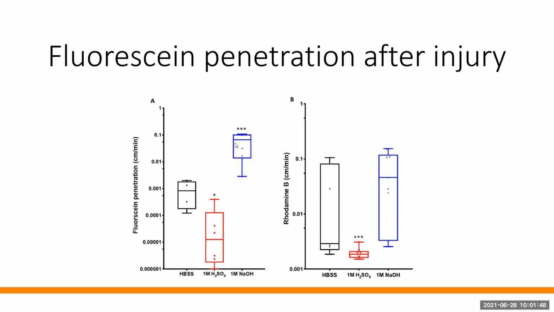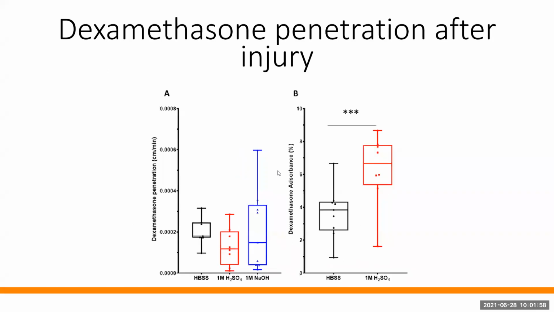Well, the epithelium has been removed, and that forms a barrier to the hydrophilic fluorescein, whereas actually it's the aqueous stroma that probably forms more of a barrier to the relatively lipophilic rhodamine. How does that affect a common drug we use? Well, dexamethasone is hydrophobic, and penetration is not greatly affected actually after alkaline injury or acid injury.